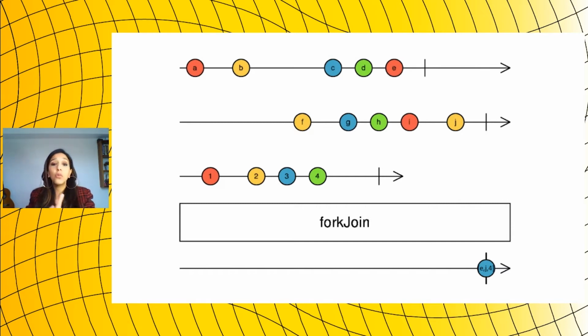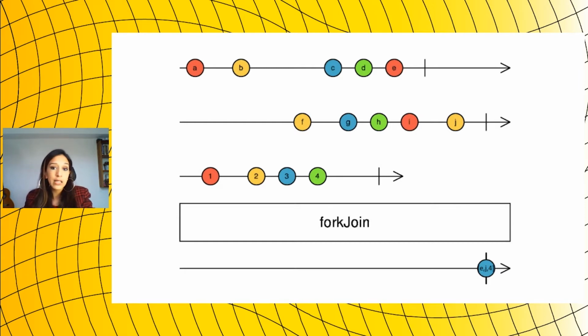Why? Because it emits only one time, then it completes. It takes as a parameter an array of streams, and when all those streams complete, it will emit one time and then just complete. And of course, it will emit the last value of each stream.